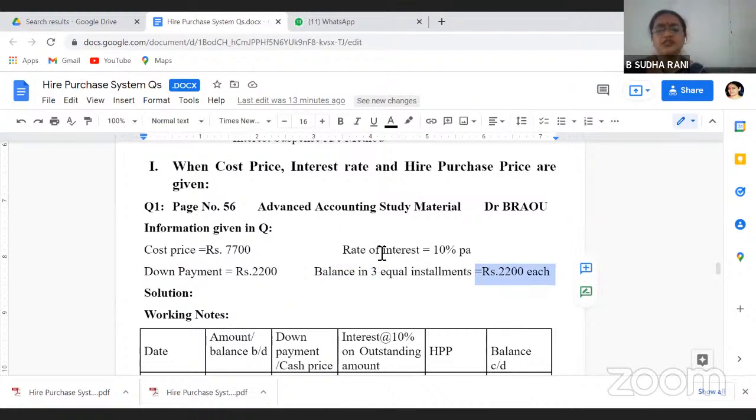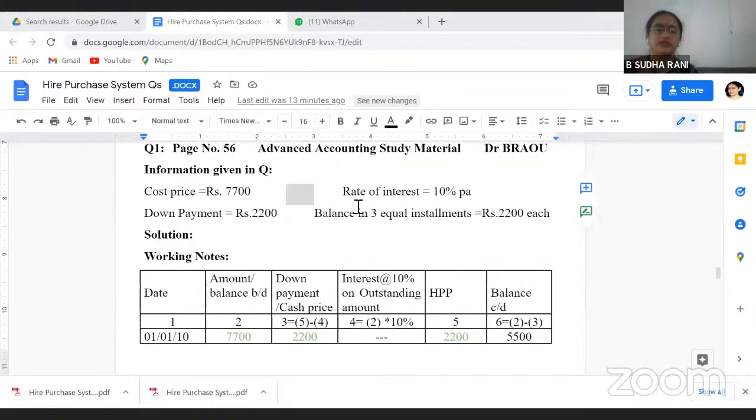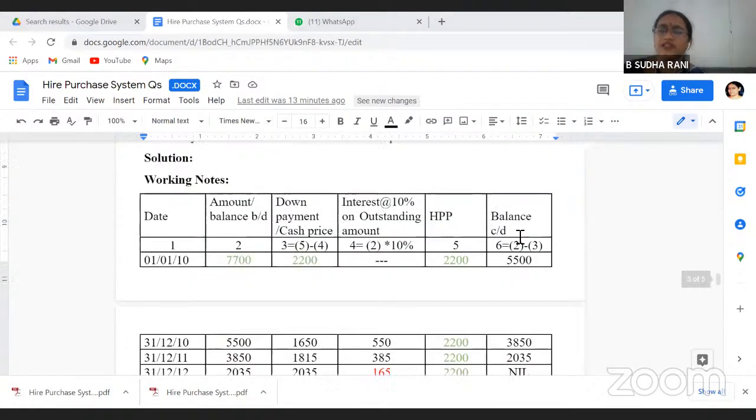Cost price and interest rate are given, which means hire purchase price is there with you. 3 into 2,200 plus 2,200 down payment, total 4 into 2,200, that is 8,800, is going to be the hire purchase price.